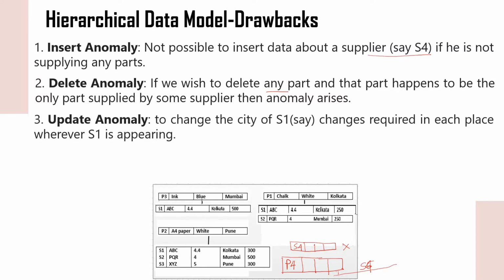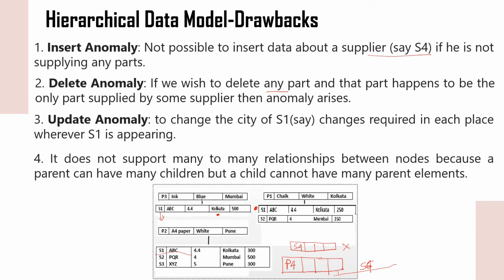Update anomaly. Suppose the city of S1 changes in the future, then I have to update in so many places. And I have to search where S1's record is existing. Everywhere I have to do the update. Otherwise, there will be an update anomaly. So you have understood there is insert, delete, and update anomaly.